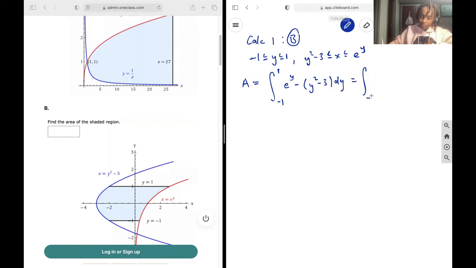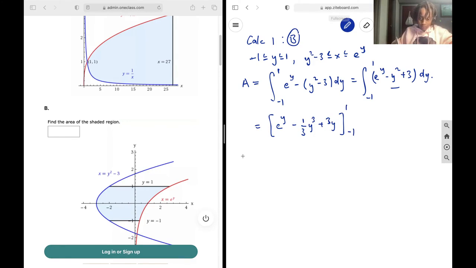And this will be the integral from -1 to 1 of e to the y minus y squared plus 3 dy. Now this is going to give us, remember the exponent rule here, simply e to the y minus 1 over 3 y cubed plus 3y from -1 to 1 since it's bounded.